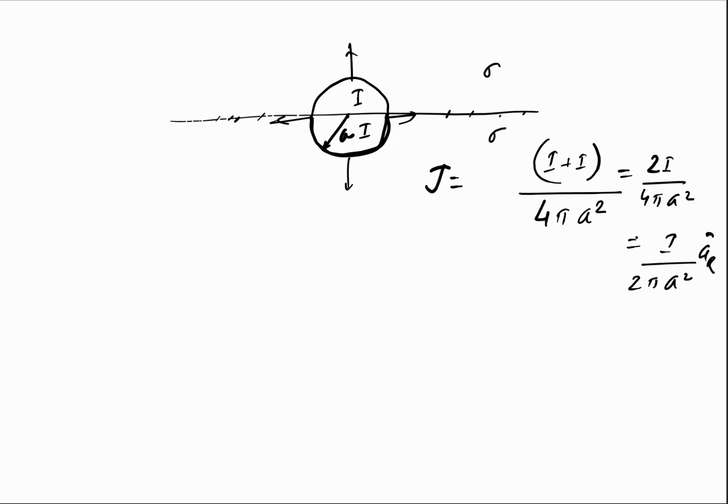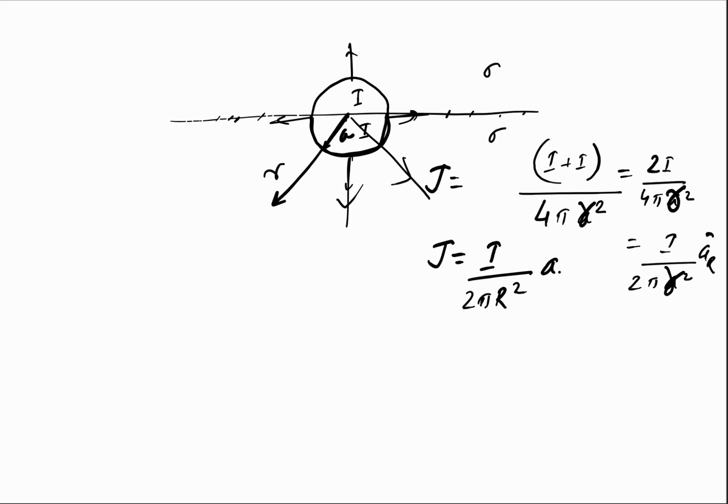So in this way the current density can be found. Of course, if I try to find it at a distance r from the center, then this a will change to r, because everywhere due to symmetry these lines are going to expand radially. So the current density at any point can be given as I over 2 pi r square in the radial direction.